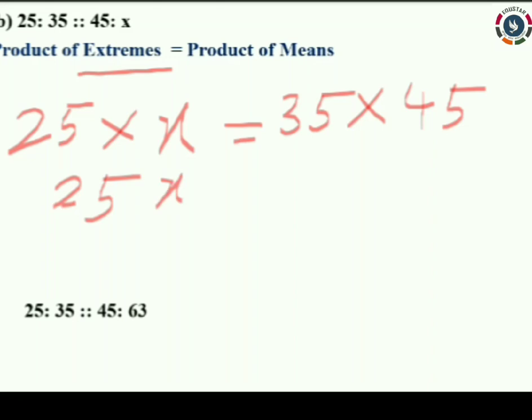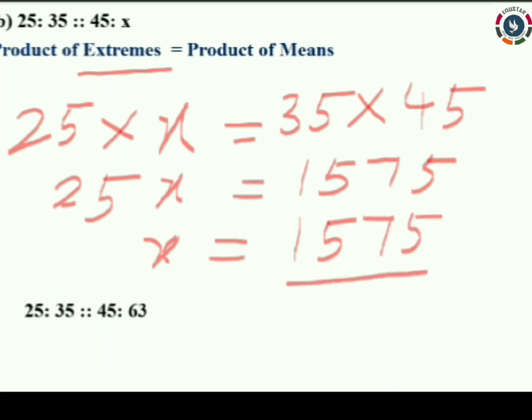You will get 25x and 35 into 45, which is 1575. Now find the x value. 1575 divided by 25 is equal to 63. Your x value is 63. So 25 is to 35 is in proportion to 45 is to 63.